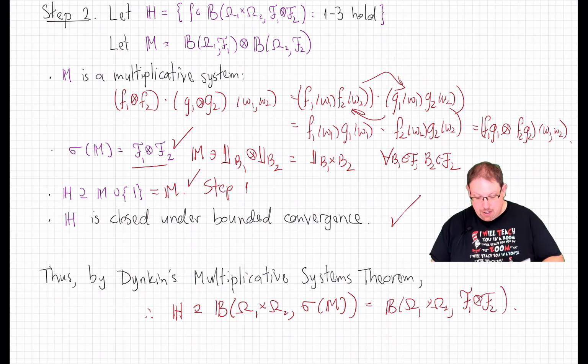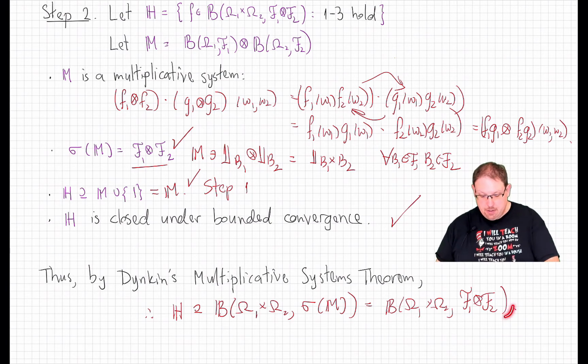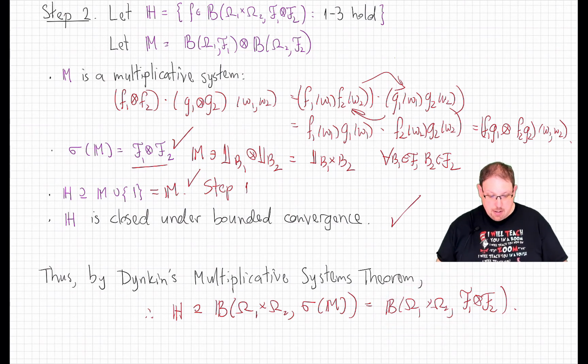And so we have now, in one fell swoop, verified that all bounded measurable functions, measurable with respect to the product sigma field, satisfy these iterated integral conditions that we're trying to prove hold. And that's almost the full statement of the theorem that we want.